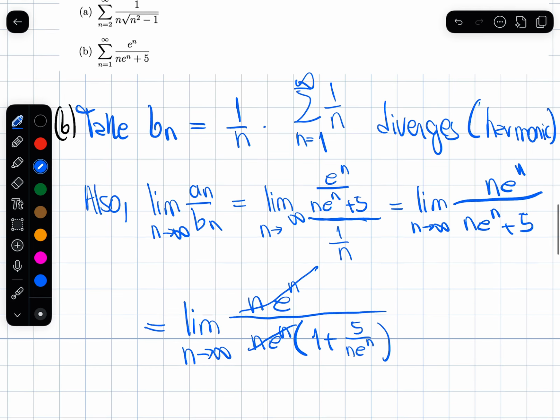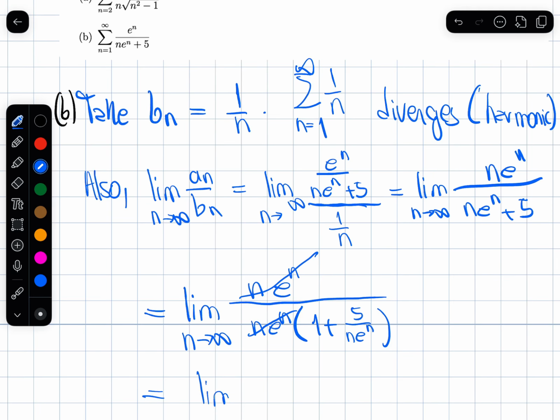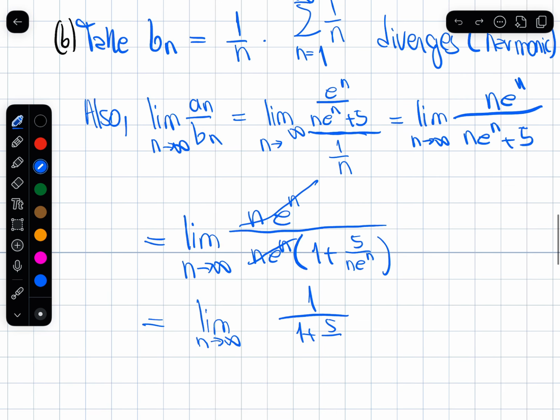These cancel, and I get limit 1 over 1 plus 5 over e to the power n times e to the power n. And this goes to infinity, so this goes to 0. And so this again goes to 1.